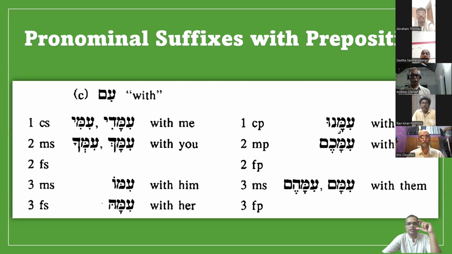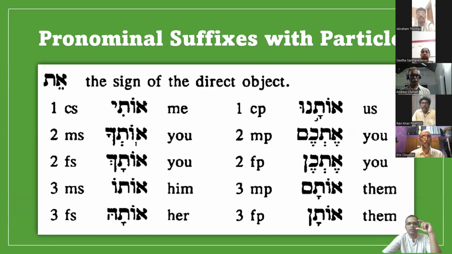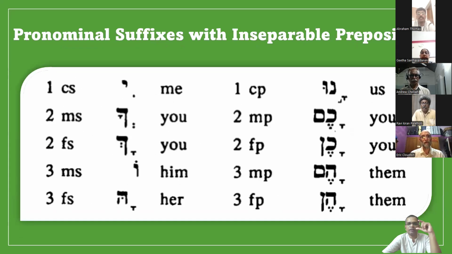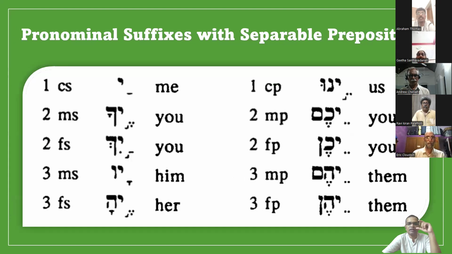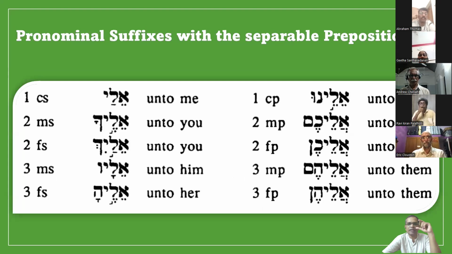So just go through those forms which appear without any confusion. Pronominal suffixes with inseparable prepositions, with the example Lamat Shiva, and then pronominal suffixes with the separable preposition with the example ale.